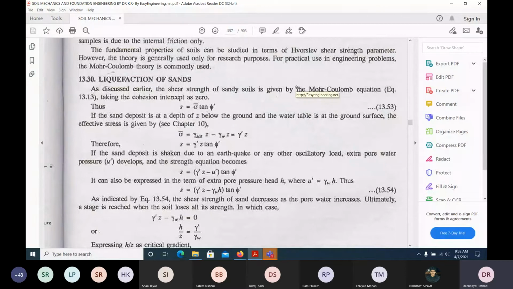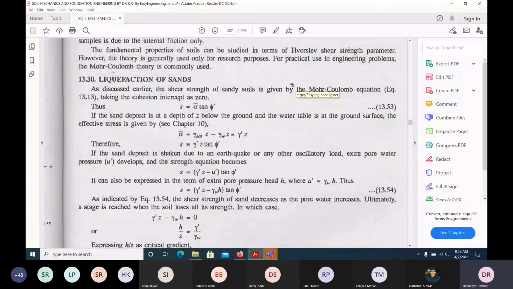Here we take C as 0, because liquefaction takes place in sandy soil only. It is difficult for the shear strength to become 0 in clay soil, because clay soil will have some cohesion.